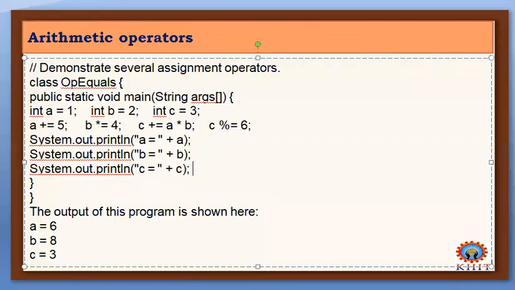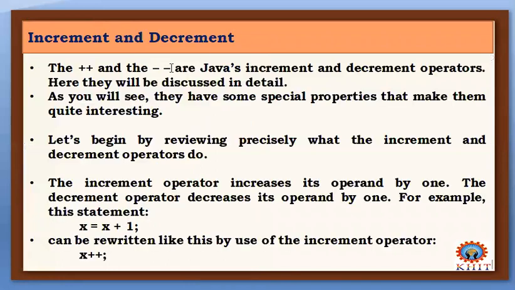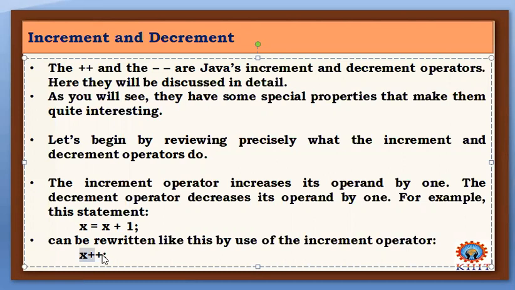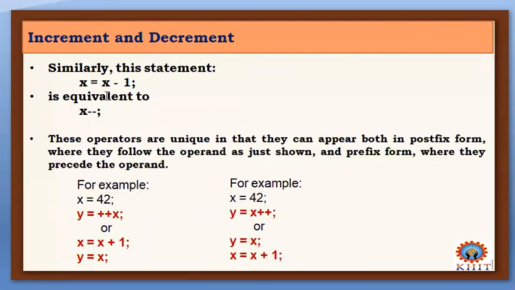Then increment and decrement operators. Obviously, we know about these increment decrement operators, which increase the value. When you write x plus plus, x is incremented by 1. Similarly, x minus minus.